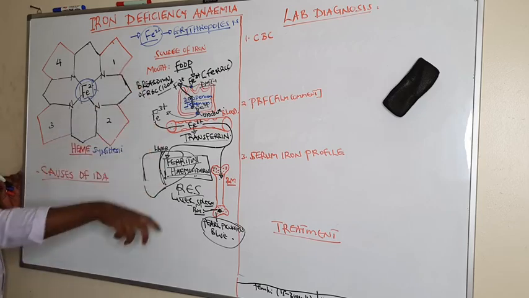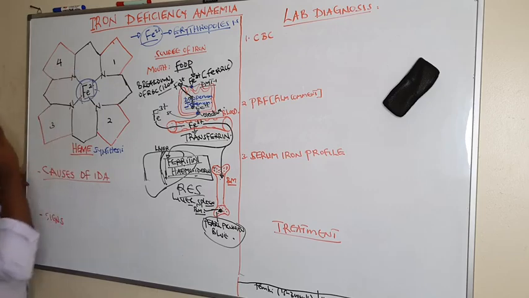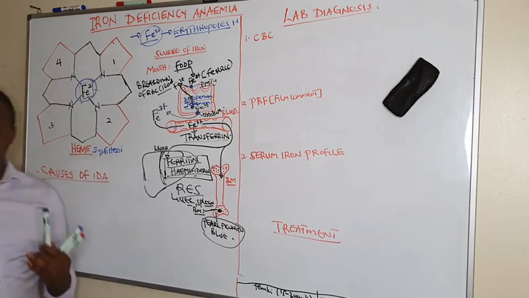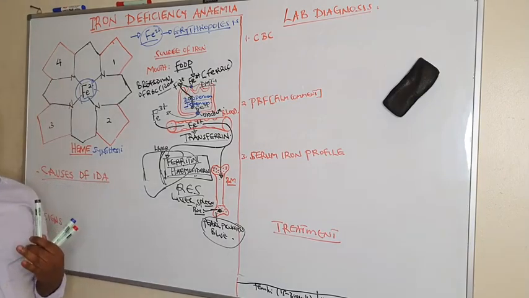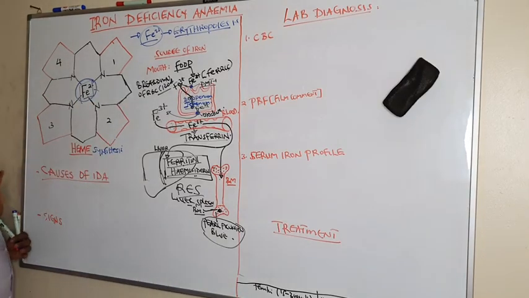So after looking at this pathophysiology and the function of iron, and how it is important in erythropoiesis, now we can talk about what causes iron deficiency anemia. It is a puzzle. What causes it? And the causes are categorized into three.